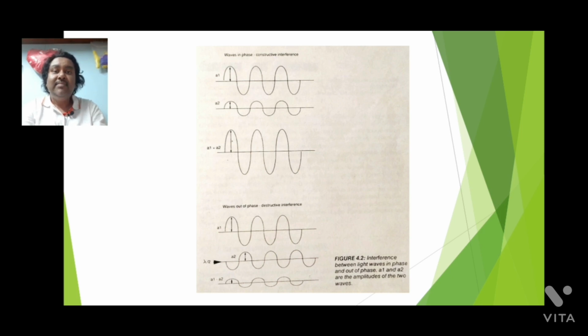Light of that type may form positive interference, which results in the addition of both lights of the same wavelength but different amplitude. The final amplitude will be A1 plus A2, that will be the greater amplitude.